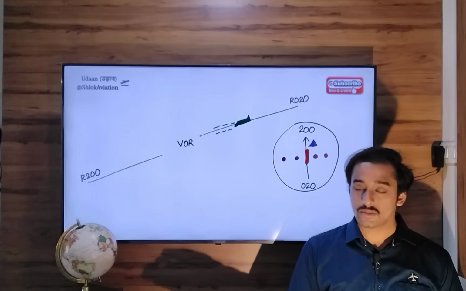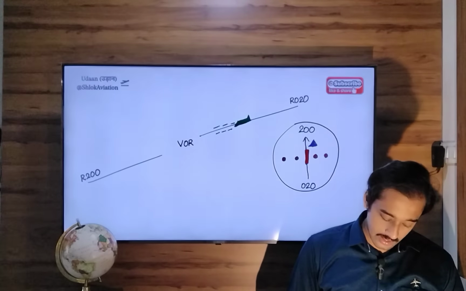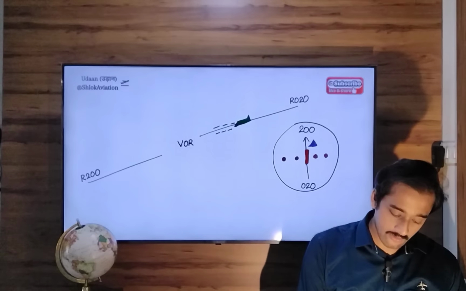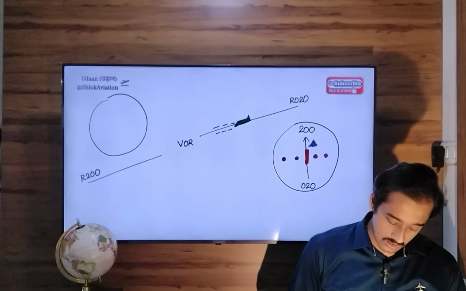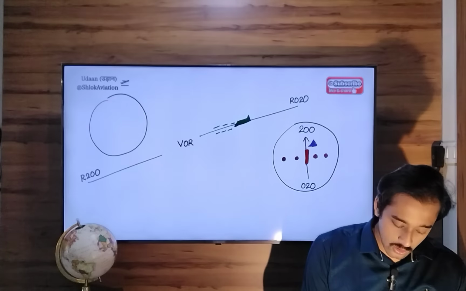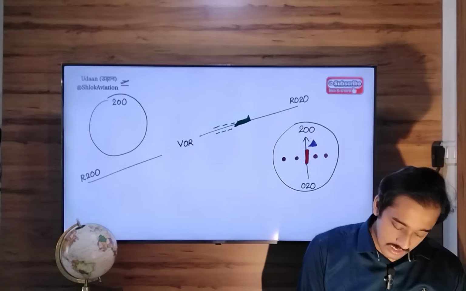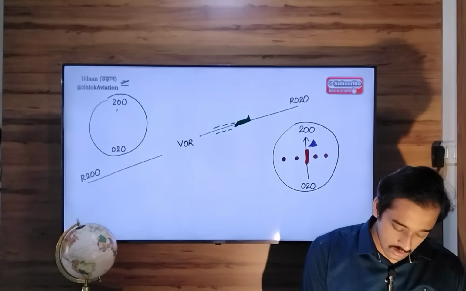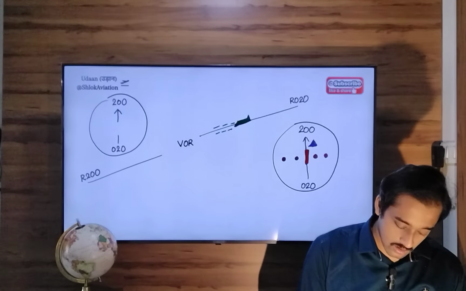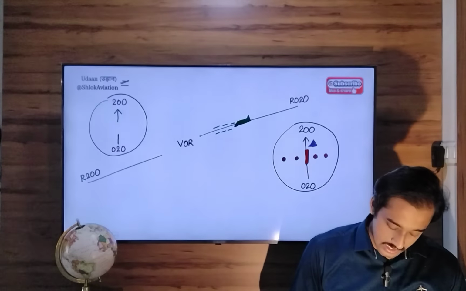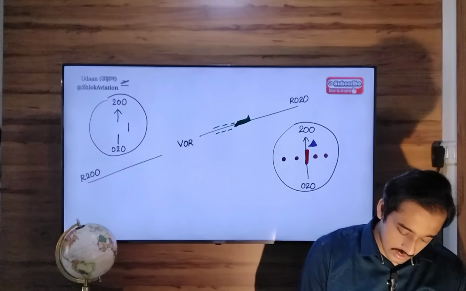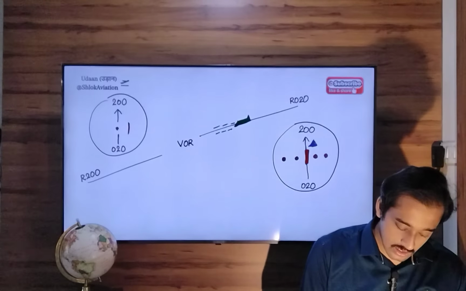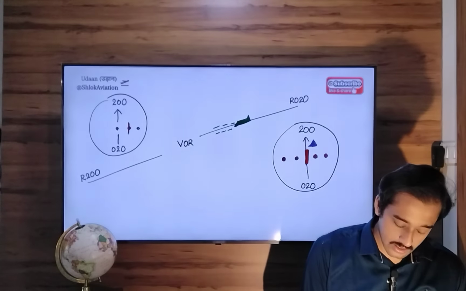But in the question given here, they have drawn an HSI diagram with a course set to 200, radial 020, okay, and the CDI needle is deflected to the right hand side.